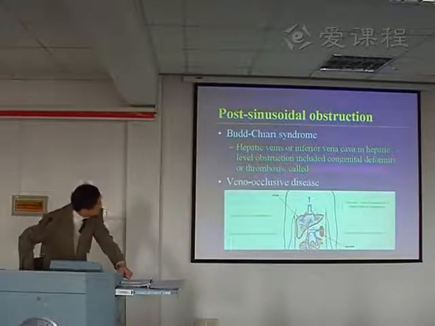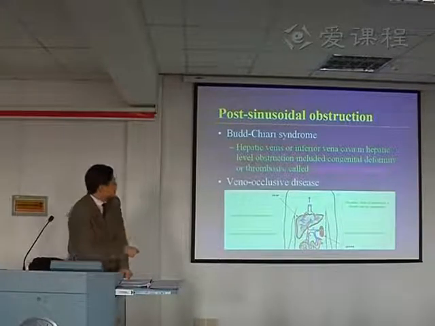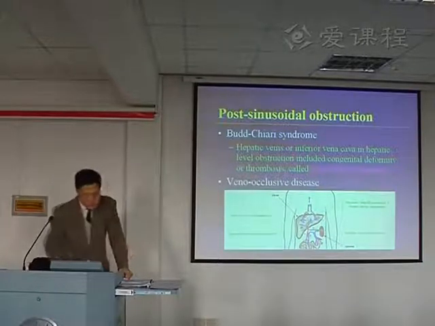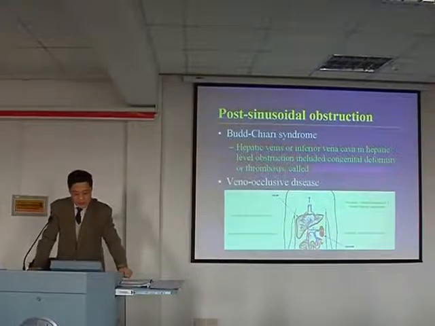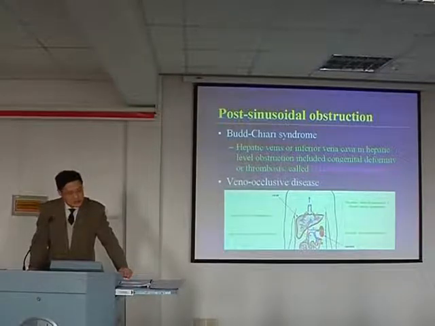Post-sinusoidal obstruction. For example, Budd-Chiari syndrome: hepatic vein or inferior vena cava obstruction, including congenital diaphragm or thrombosis, Budd-Chiari syndrome.